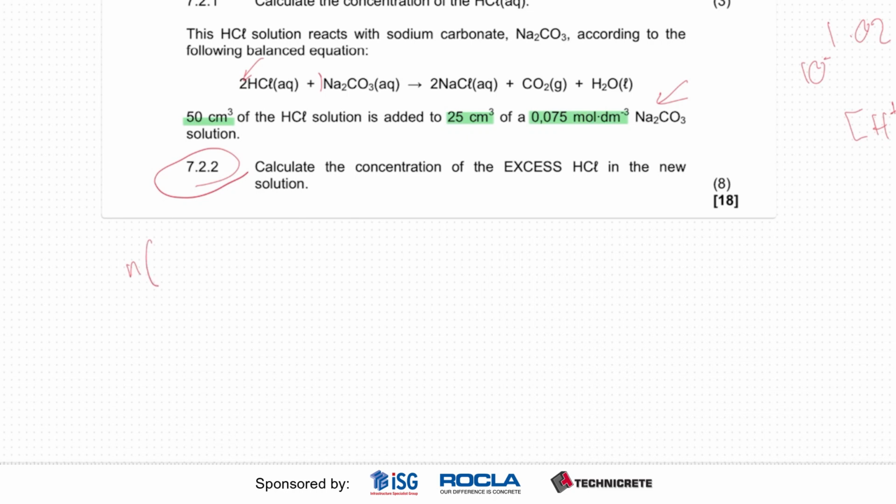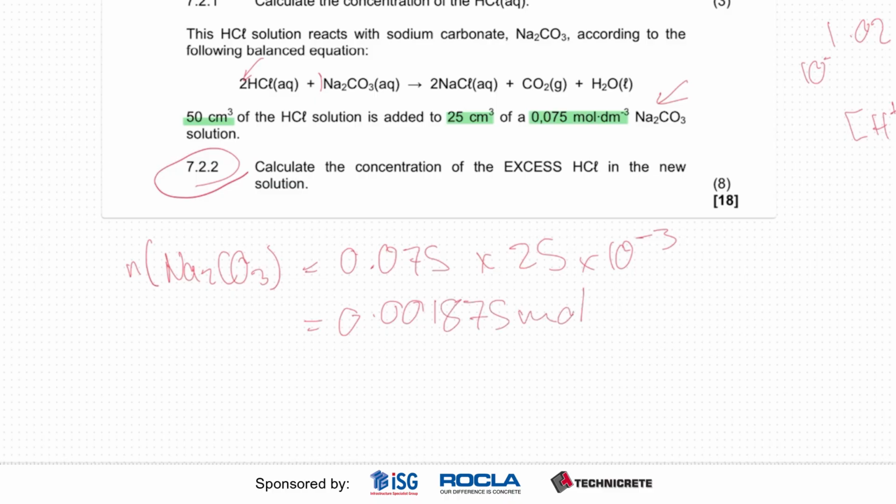calculate the moles of Na2CO3, which basically just equals the concentration multiplied by the volume, which gives us 0.001875.